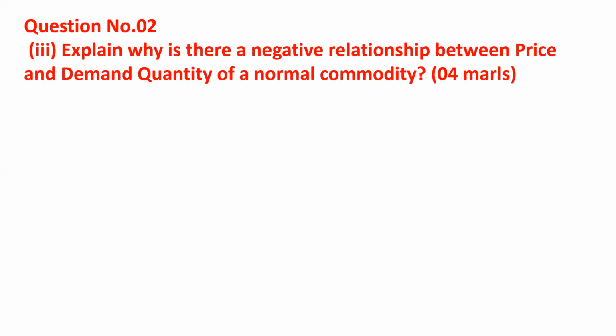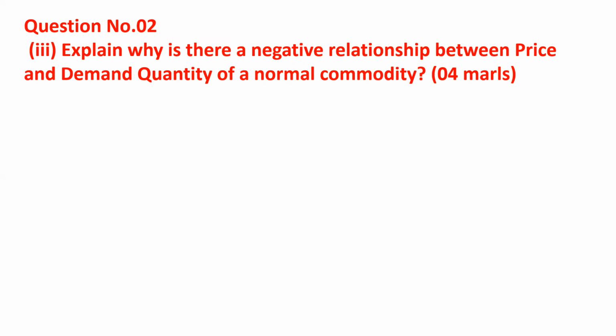Question number 2, part 3. Explain why there is a negative relationship between price and quantity demanded. Again, a very common question. Why is there a negative relationship between price and quantity demanded?